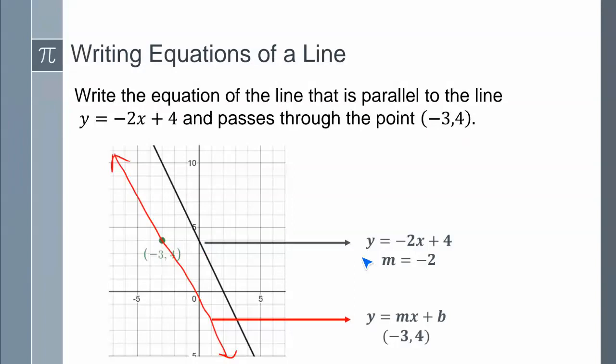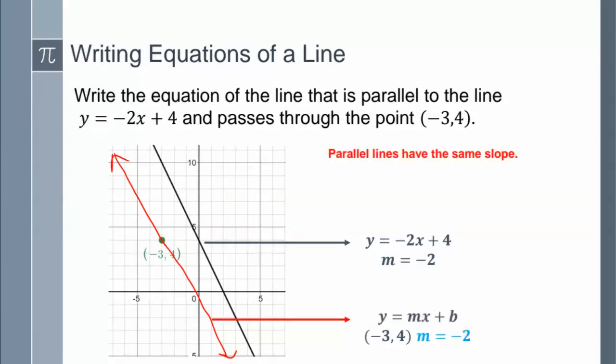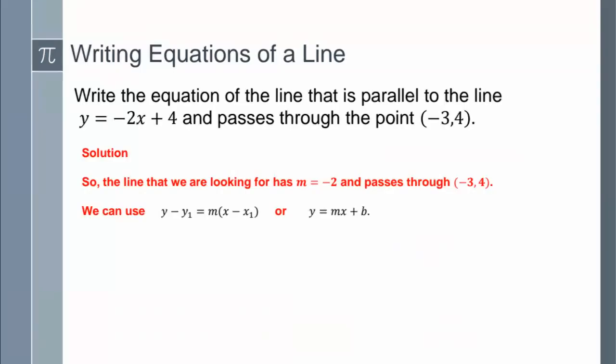So to recap, for this first line, we said that the slope is -2. And now for our second line, we're going to use the point -3, 4. And so if we substitute these values, I know I'm going to use the same slope because they're parallel. So we're going to use the same slope. And now we can just do the work.